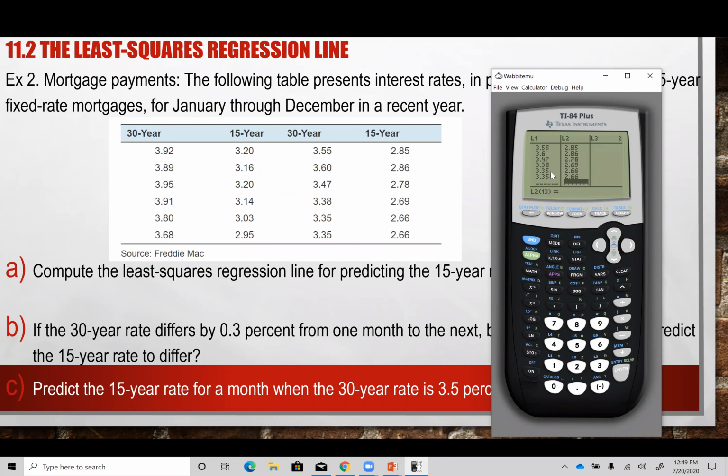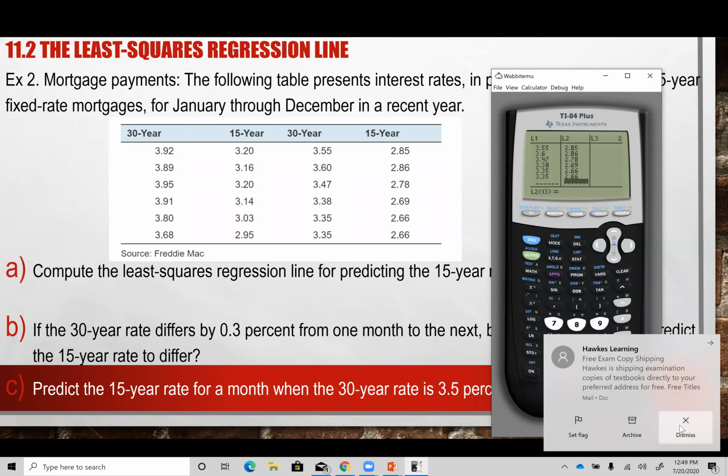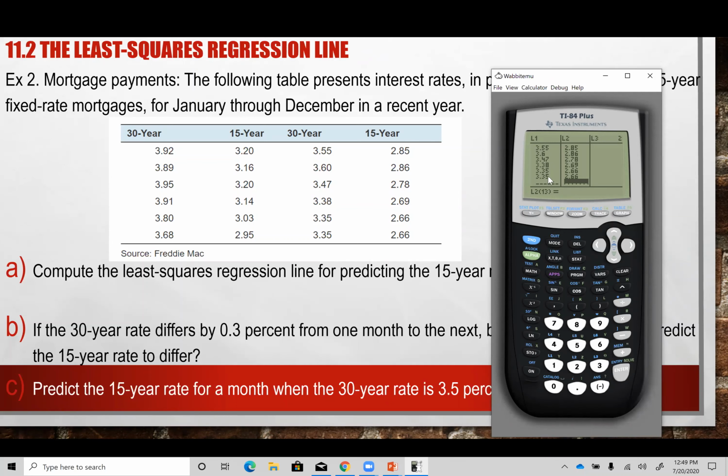So make sure that your data are matched, meaning you have 12 data in L1 and 12 data in L2. They all match.